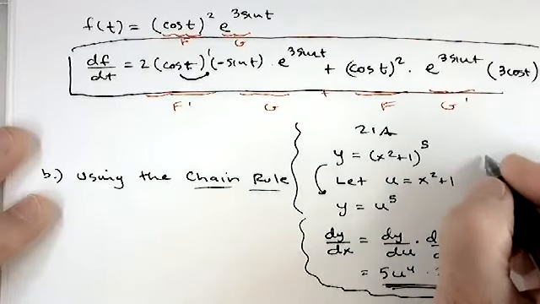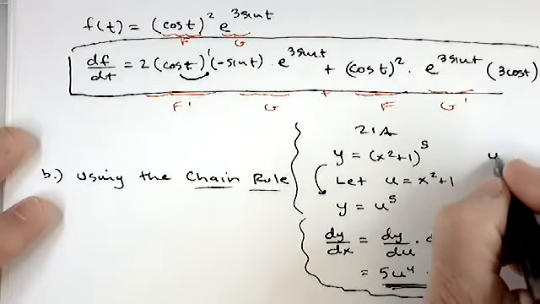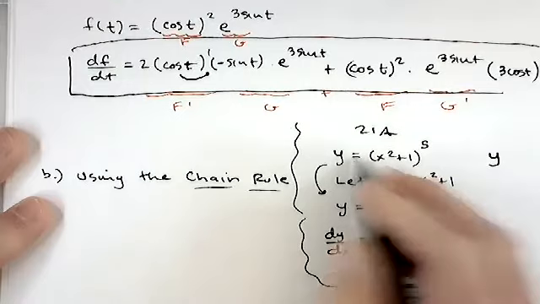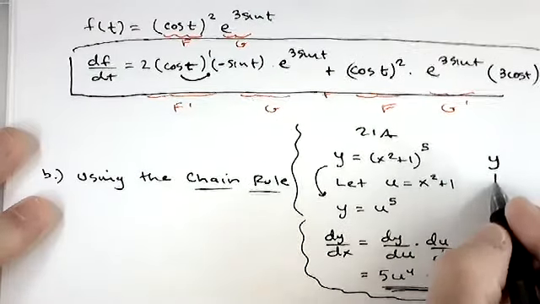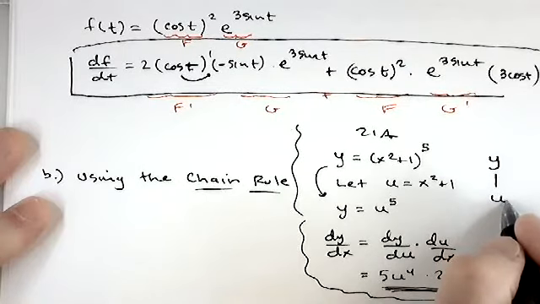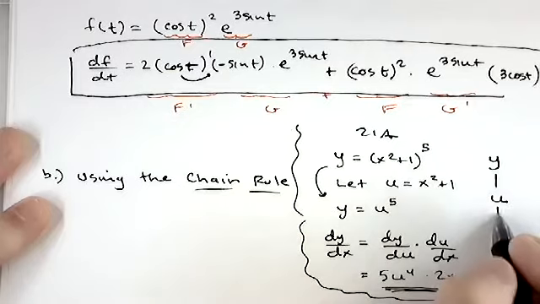But one way I could model this is I could say, this is the idea of a mapping. I could say by replacing y with this, I've now written y as a function of u, but I know that u is a function of x.